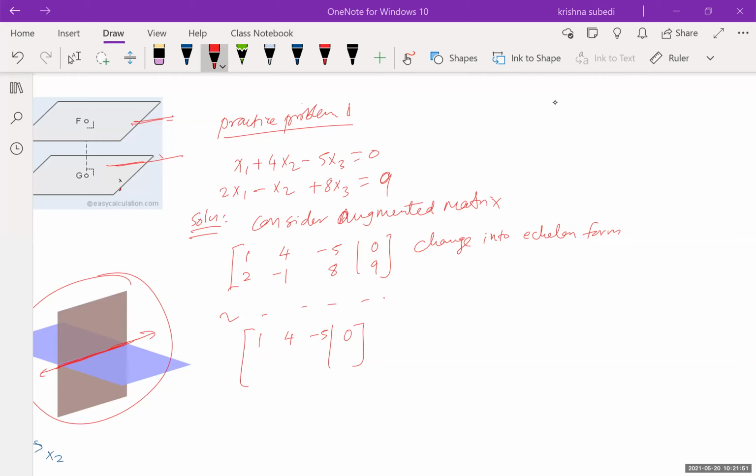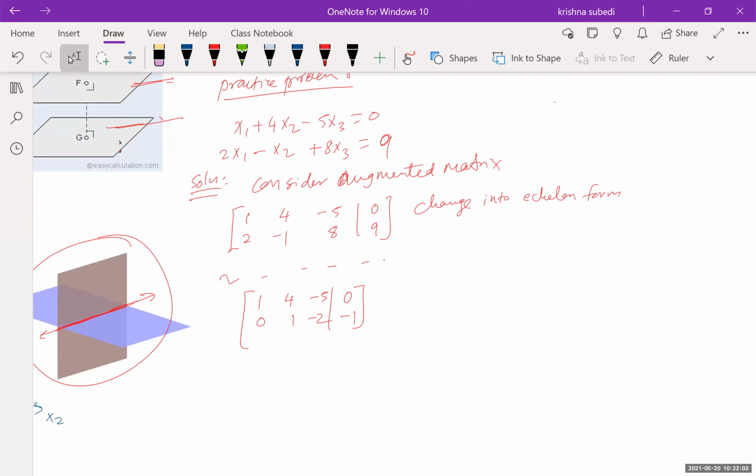Okay, thank you guys, you got it. You got the echelon form according to which this is 0, this is 1, this is -2, and this is -1. Okay, now let us write the general solution. Sorry, it should be 0, 1, -2, +1.